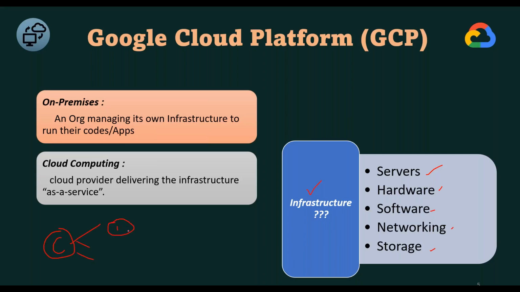The infrastructure for the deployments of these applications or requirements, whatever it is, code, is provided by the Google Cloud Platform or any other cloud as a service to you.